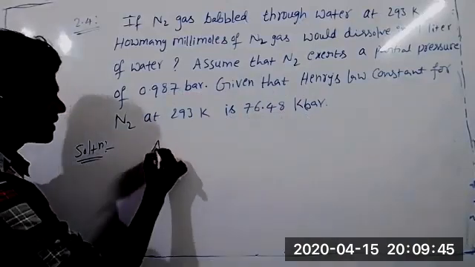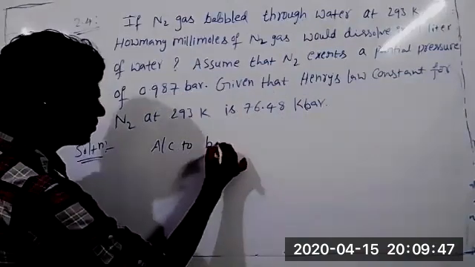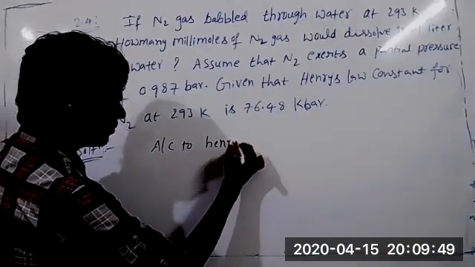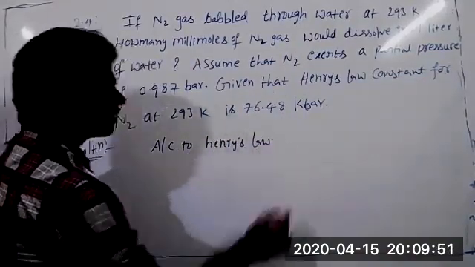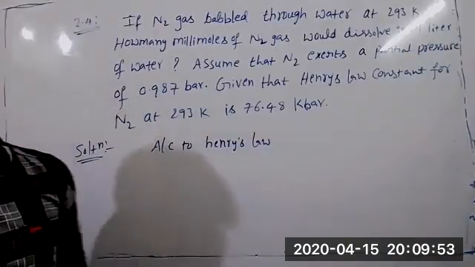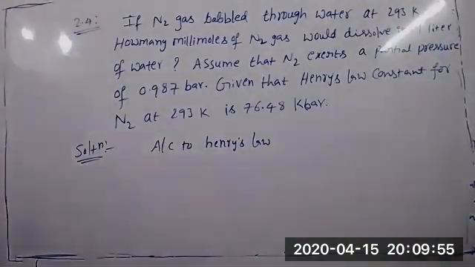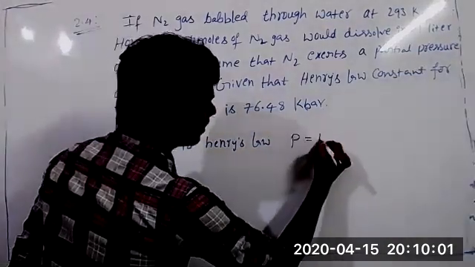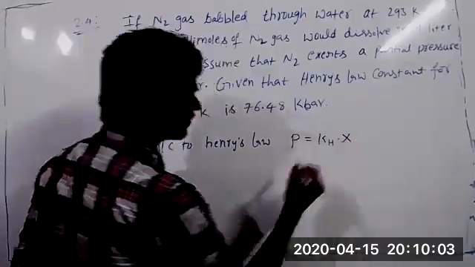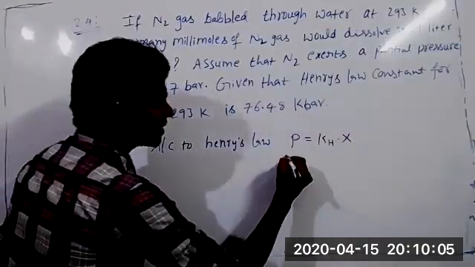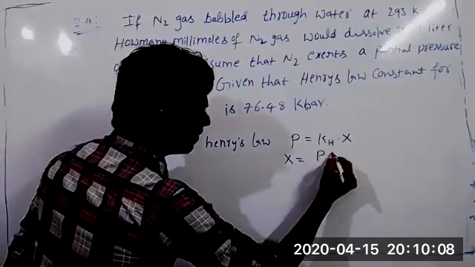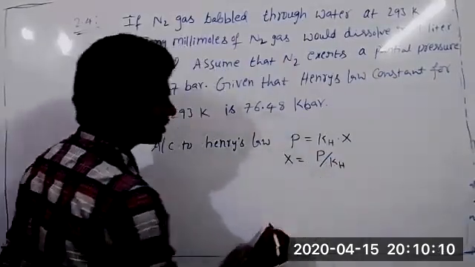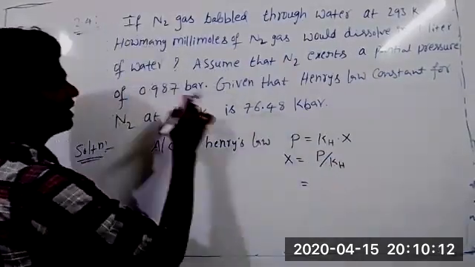According to Henry's law, P is equal to KH into X. So X, the mole fraction, is equal to P by KH.